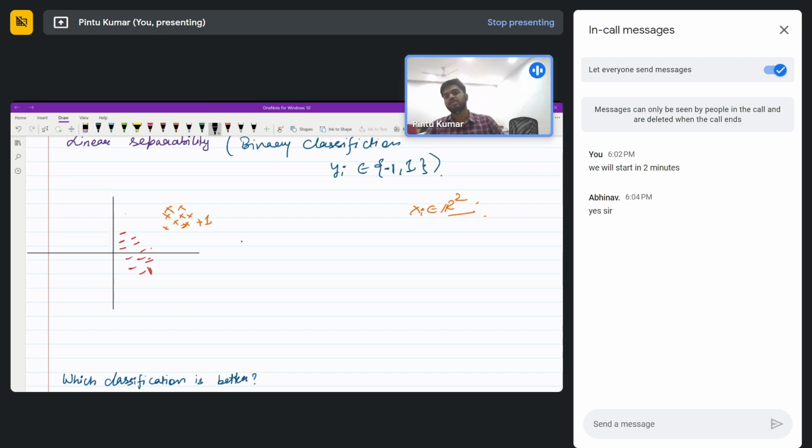If I draw a line over here, on one side I have only +1 data points, and on the other side only -1 data points. This kind of data set, which can be separated into two halves by a straight line, is known as a linearly separable data set.